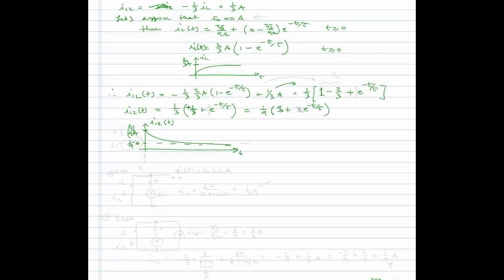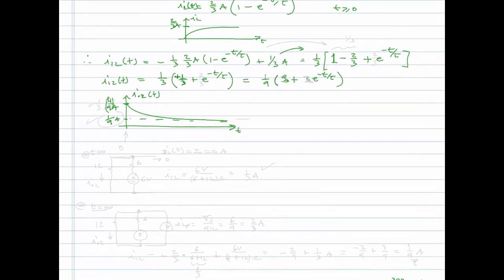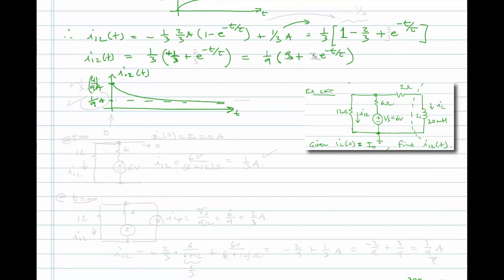So what we have shown here is that you can take a circuit that looks a lot more complicated than just a single node pair or single loop circuit involving just an inductor and a resistor or capacitor and resistor. And by using network reduction, primarily Thevenin equivalent network, we were able to reduce the circuit to the familiar form that we've already studied.